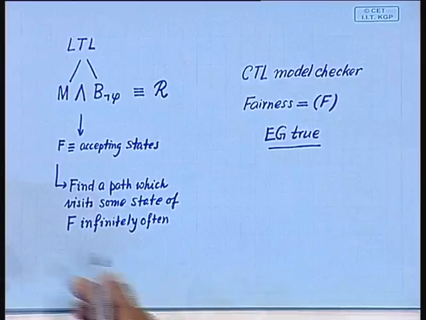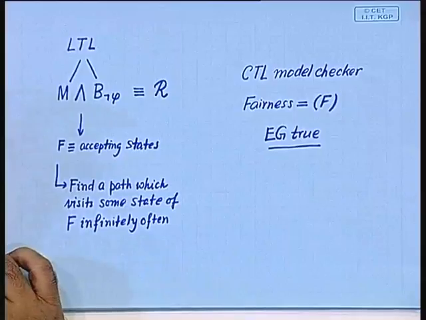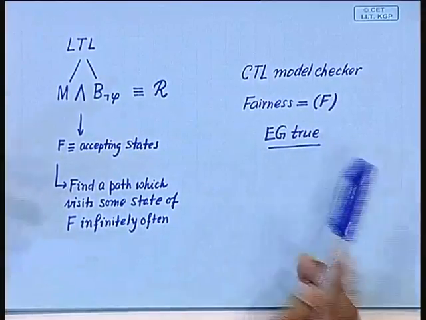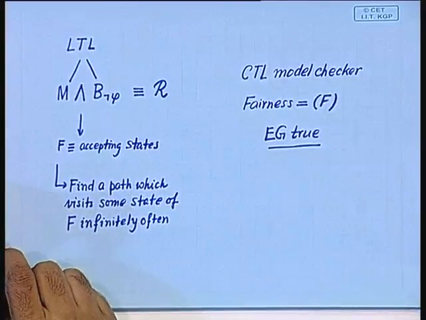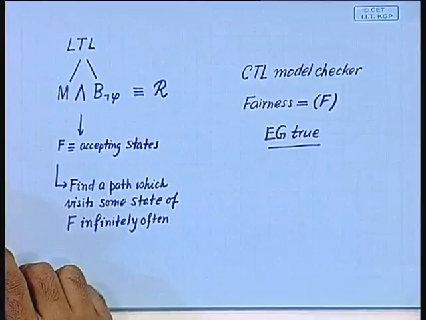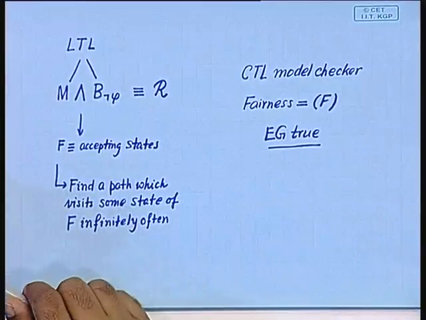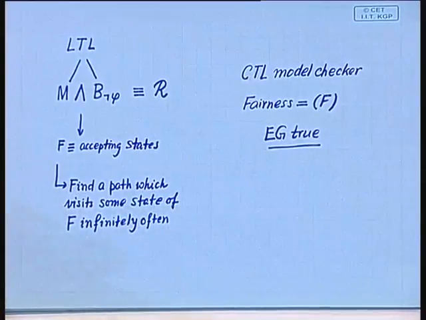It just looks for any path in the Kripke structure, right. It does not have to satisfy anything, just true, unconstrained. It just looks for an infinite path, because EG has to be an infinite path, right. So you have to have some cycle in it.